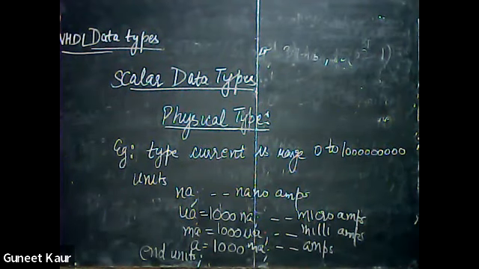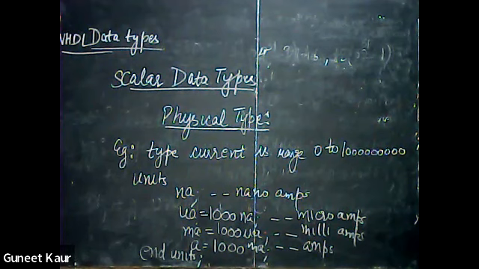Now I will explain the physical type, and the literals actually used in the physical type are physical literals. Physical data types are used to represent physical quantities such as distance, current, time, and so on. I have taken the example of current.